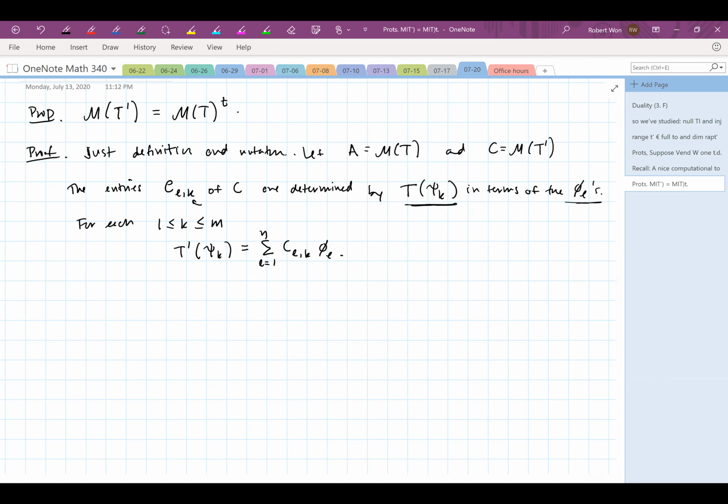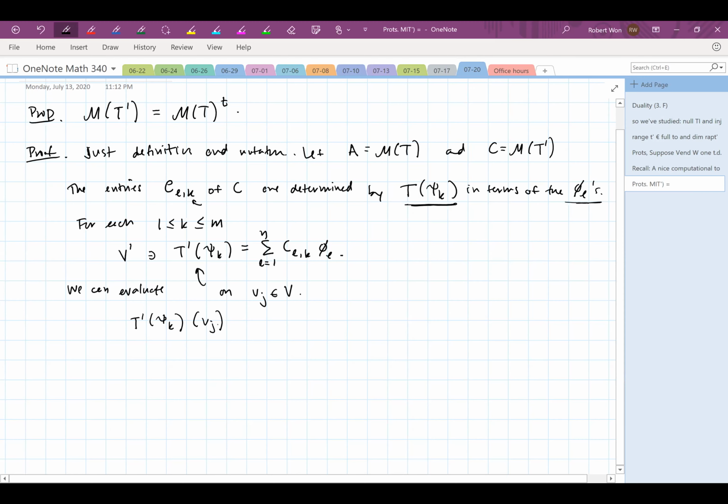But don't forget, this is an element of V dual, because T dual went from W dual to V dual. So we can evaluate this map on Vj in V. It's a map on V, I can plug in a Vj. So what is T dual of psi k applied to Vj?